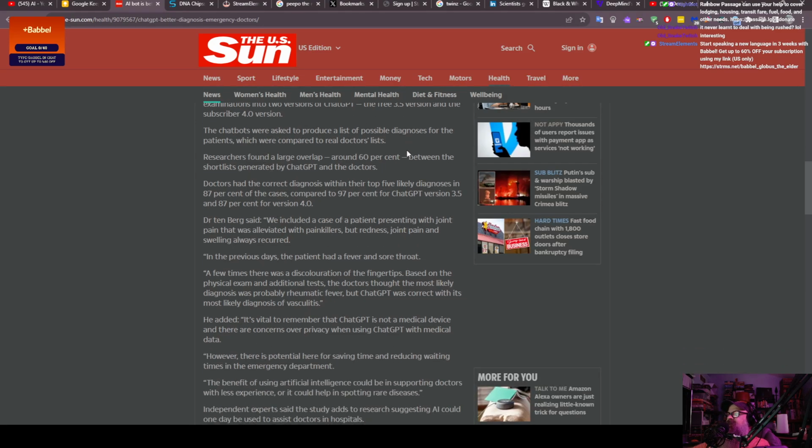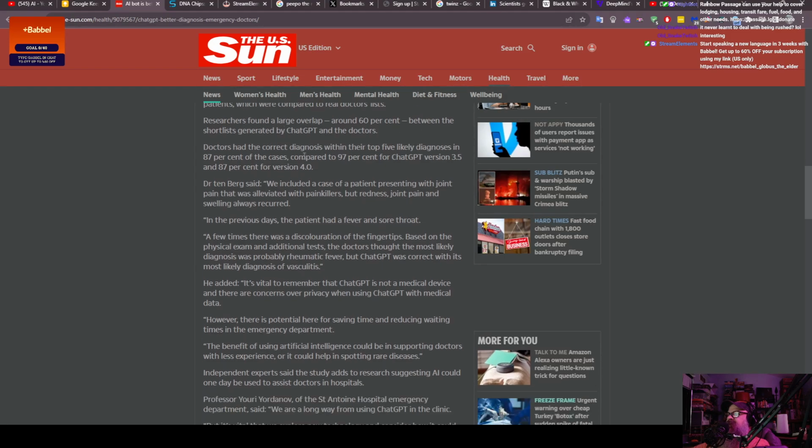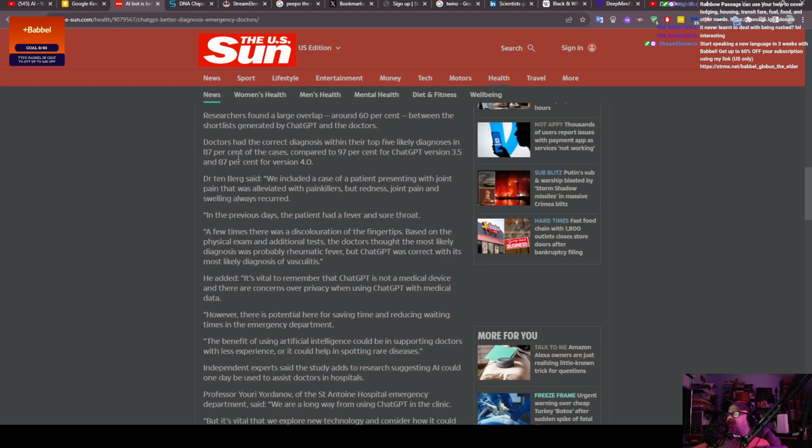Chatbots were asked to produce a list of possible diagnoses compared to real doctors. A large overlap, around 60%, between the short lists generated by ChatGPT and the doctors. The doctors had the correct diagnosis within their top 5 likely in 87% of the cases, compared to 97% for ChatGPT 3.5 and 87% for 4.